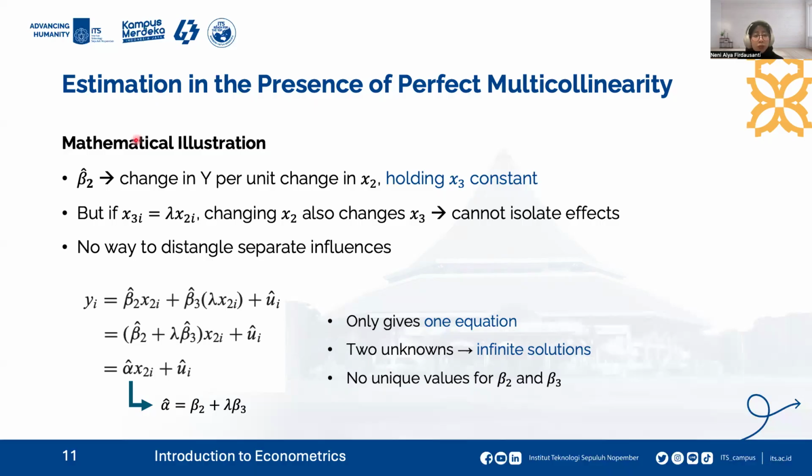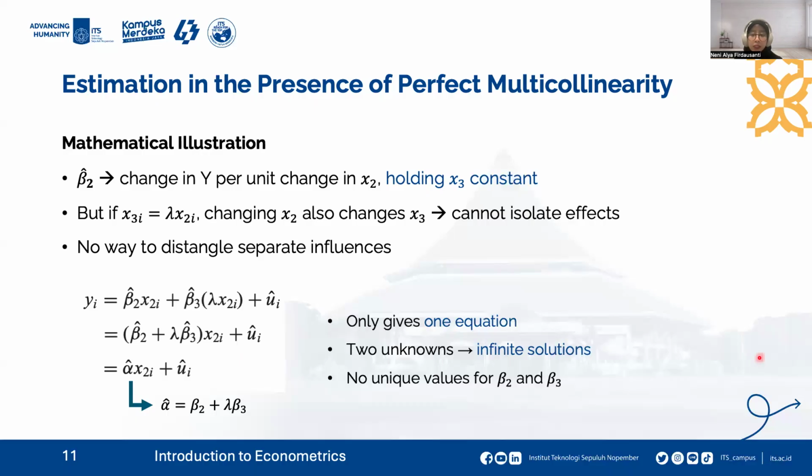There's no way to separate their influence, and there's no unique value for beta 2 and beta 3 because they come from a linear combination of them. That leads to an identifiability problem in the model.